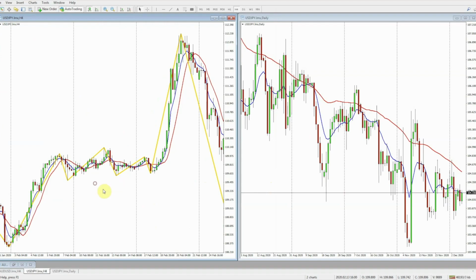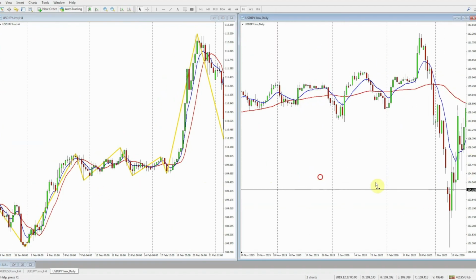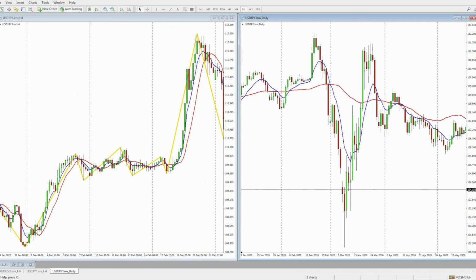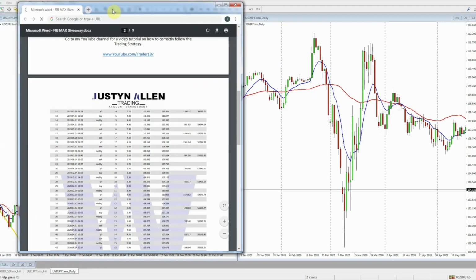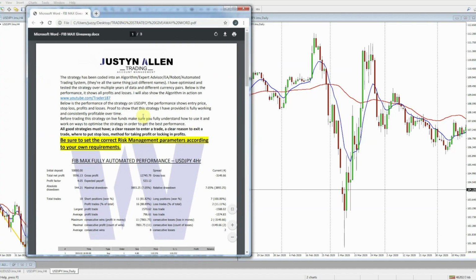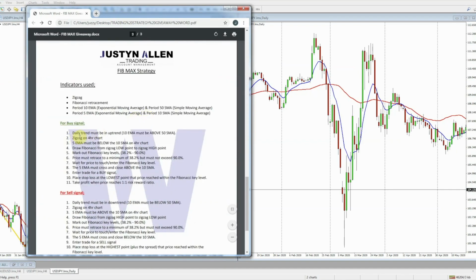So now we're in February here, and on the daily time frame we'll do the same thing. February, which we have here. With our strategy, if you go down to the bottom, it states the daily trend for a buy signal.